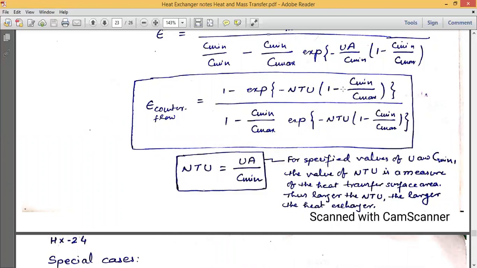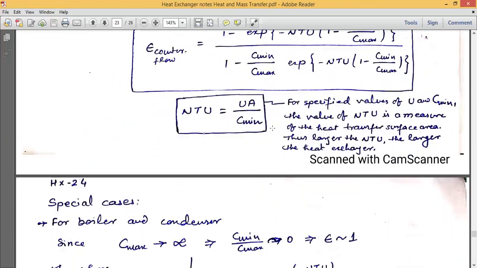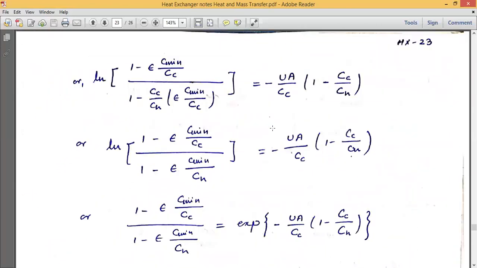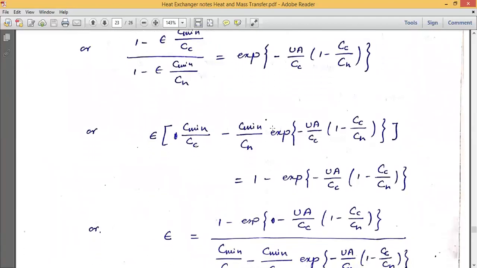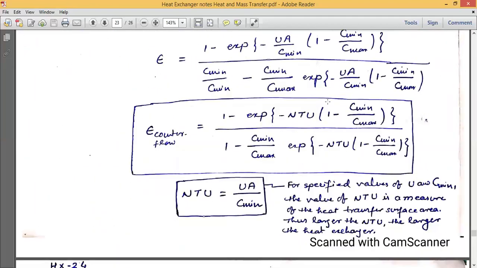In that case, in the expression we can substitute C minimum upon C maximum equal to 0. So in the bracket, 1 minus 0, times 1 minus exponential to the power minus NTU.